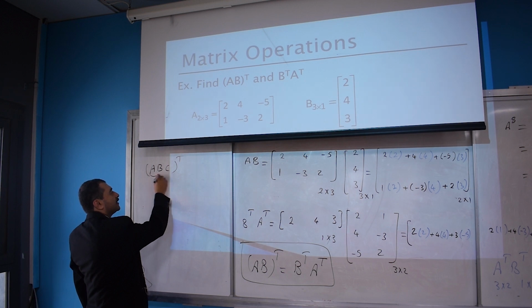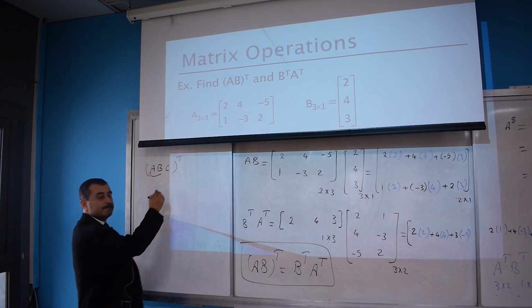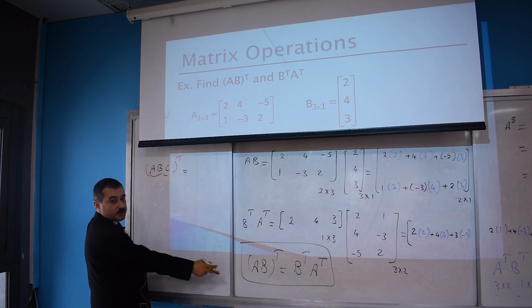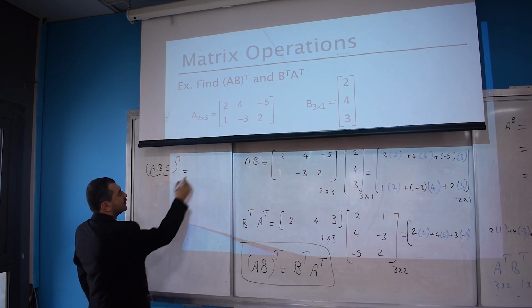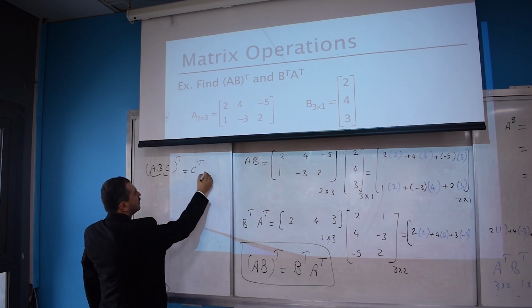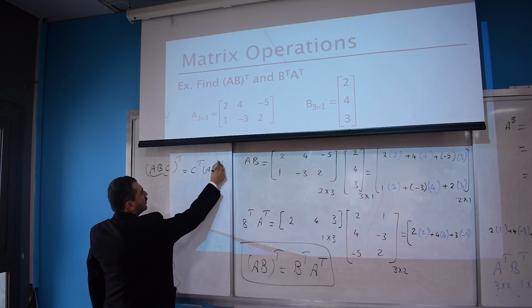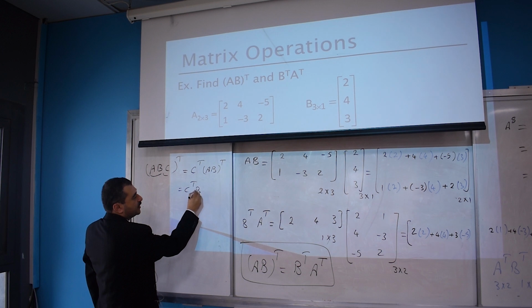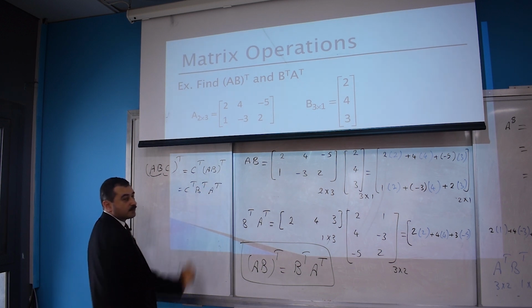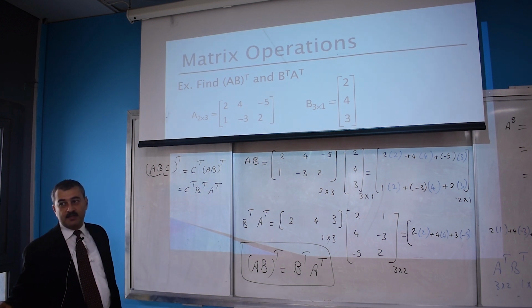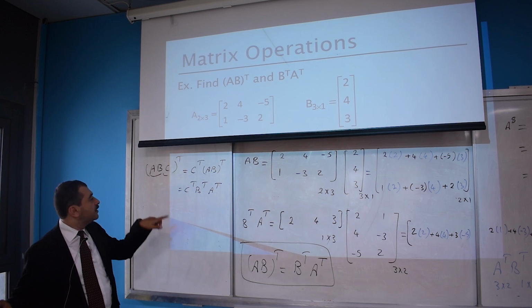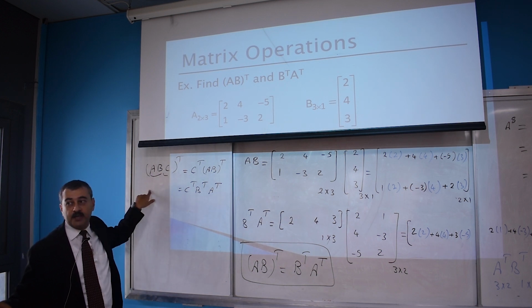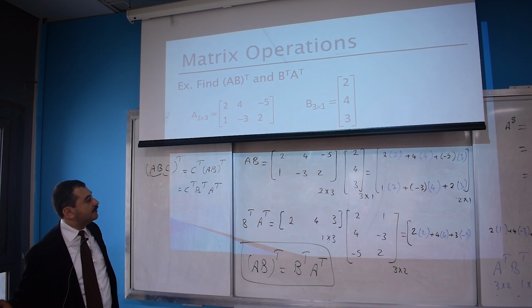You can think of it as AB times C and apply this rule on this product. So it would be C transpose times AB transpose, which is C transpose times B transpose A transpose. So simply you just reverse the order when you distribute the transpose on each factor. Okay? Write it in reversed order.